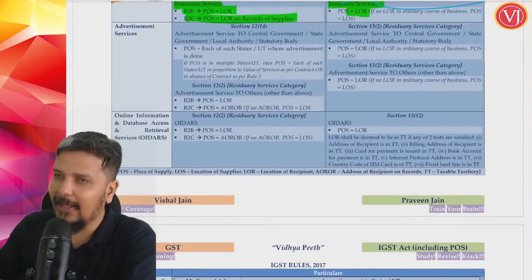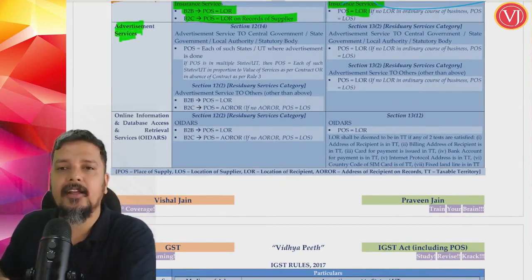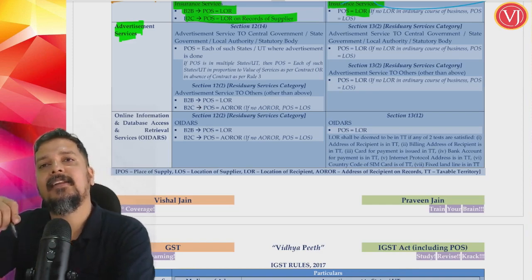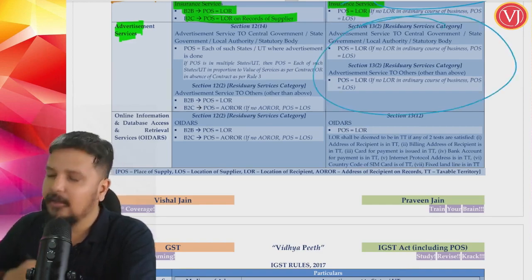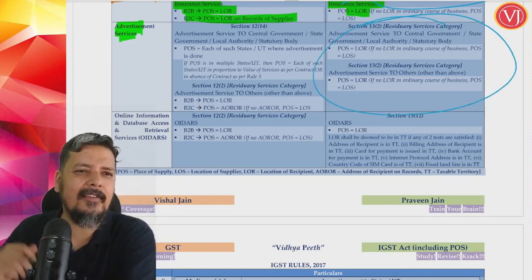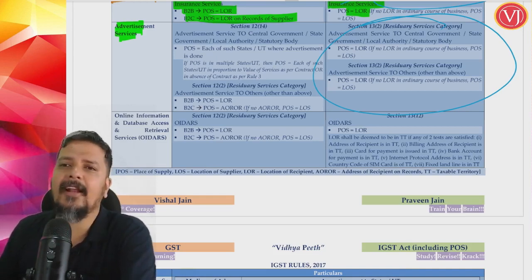Now, last two categories where we are talking about your advertisement services. Now, understand that this advertisement services is very specific to your section 12. Section 13 goes with normal category. What is the normal category in section 13?